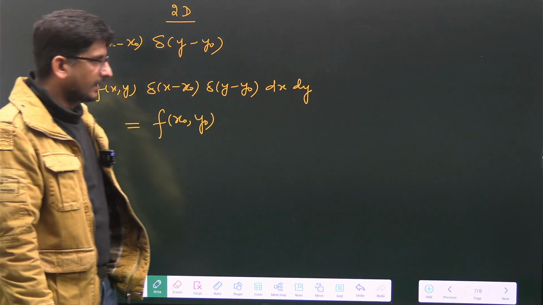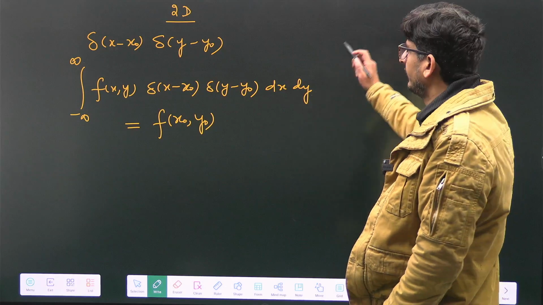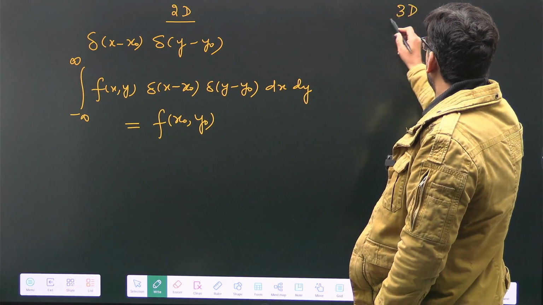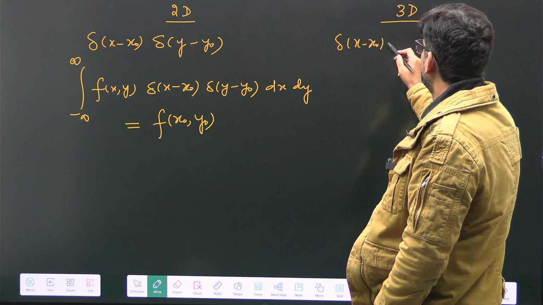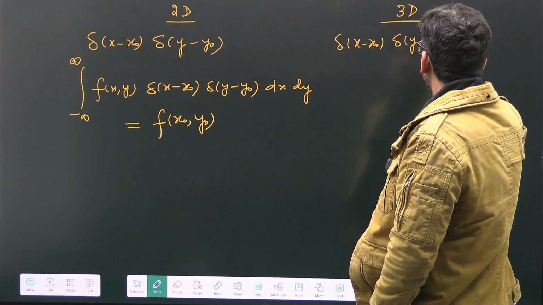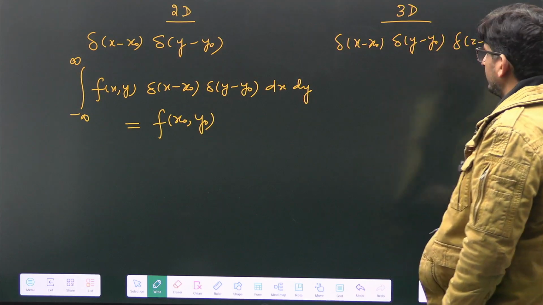और ऐसे ही अगर मैं 3D में लिखूं तो आप अब नाउ गेस कर सकते हो, राइट? 3D में I will write delta function (x minus x naught), delta function (y minus y naught), delta function (z minus z naught).